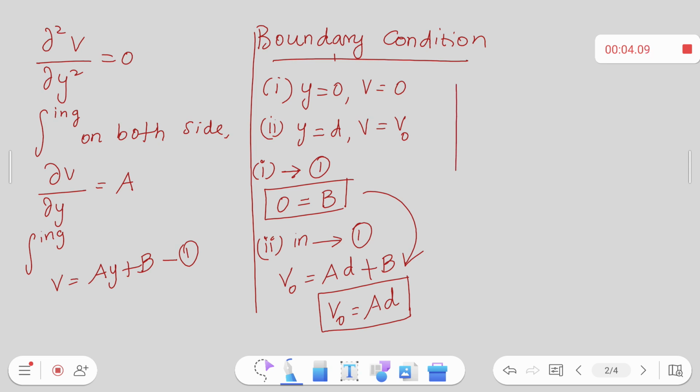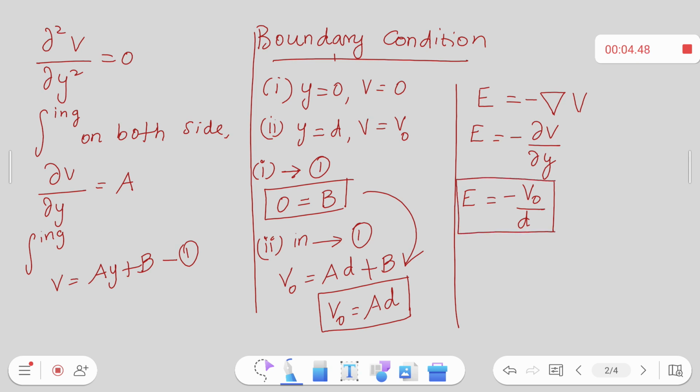Now you know the relationship between electric field intensity and electric potential, which is E is equal to minus del V. This gradient can be replaced as dou V by dou y. If I substitute and differentiate with respect to y, E will be minus V0 by d.